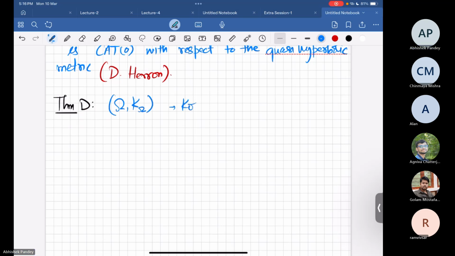This work is related to finding the necessary condition for omega comma K omega to be CAT(0). The necessary condition is something related to the convexity of the domain. Oh, this will be M-convex.